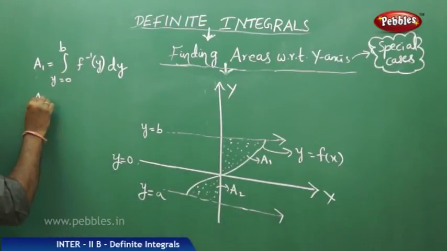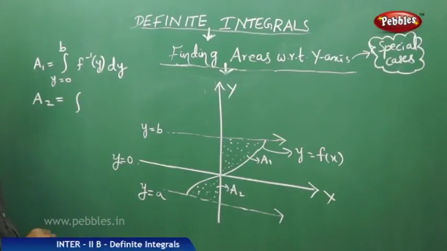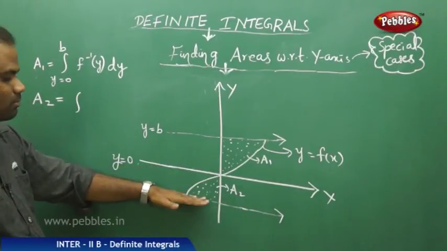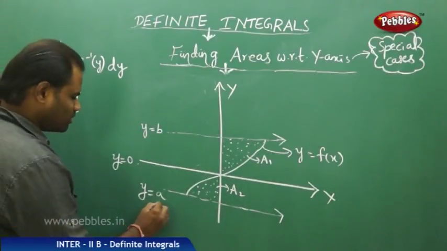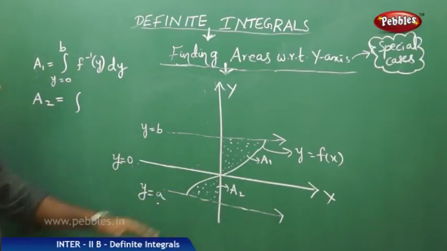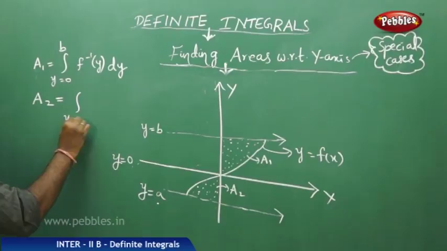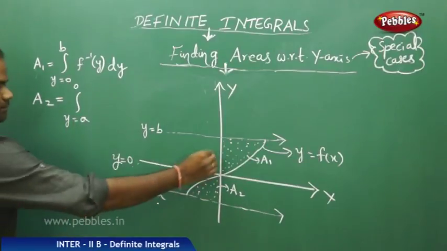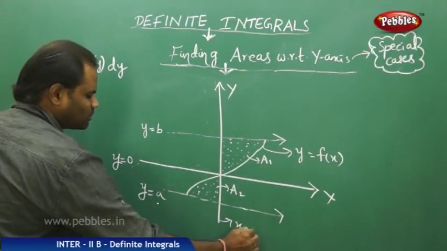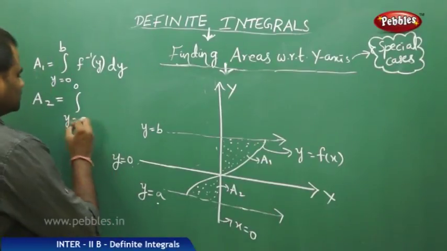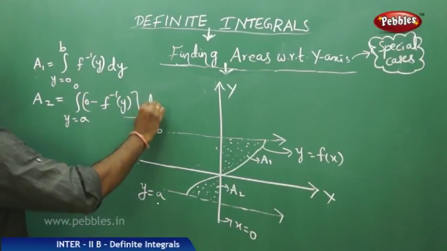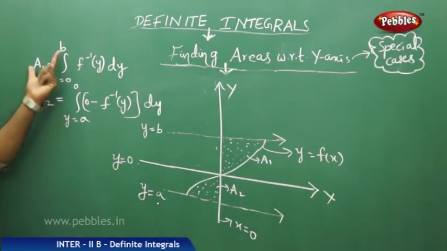Similarly, for a2, the lower limit is a and the upper limit is 0, because when you start from the bottom, this is the lower limit and this is the upper limit. So for this, I have y equals a to 0 of the upper curve, which is x equal to 0 because here the y-axis is the upper curve, minus the lower curve, dy. And therefore we add a1 and a2 to get the required area.